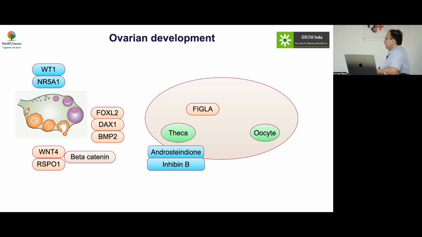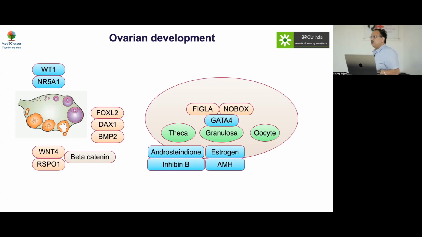The oocyte will be involved in terms of the reproductive functions, and then you have got the specific factors, FIGLA and NOBOX, which control the granulosa cells using the GATA pathway, which produces estrogen and AMH. So estrogen and AMH are the major products of the granulosa cells.